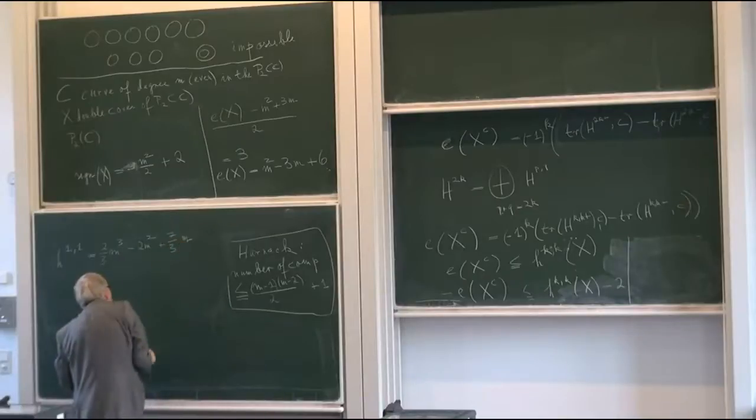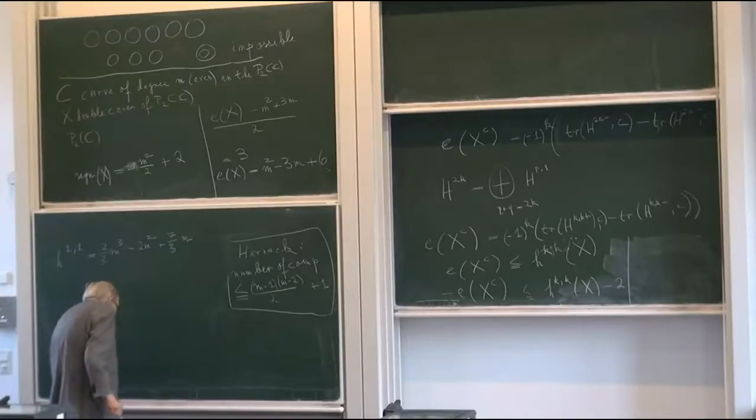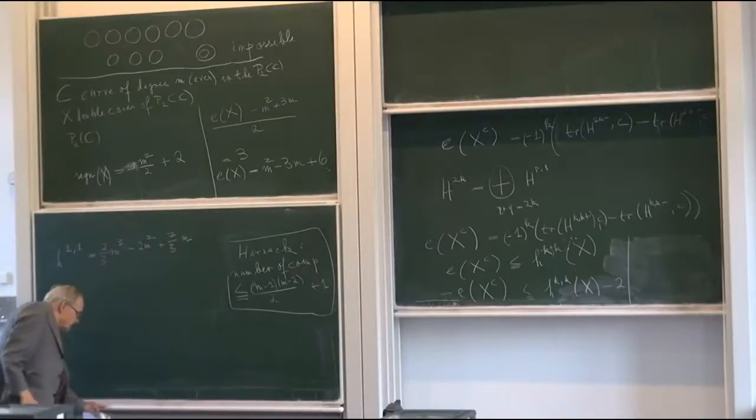You can again make natural checkups by looking at this. For m equal 1, you must get 1 and it checks.